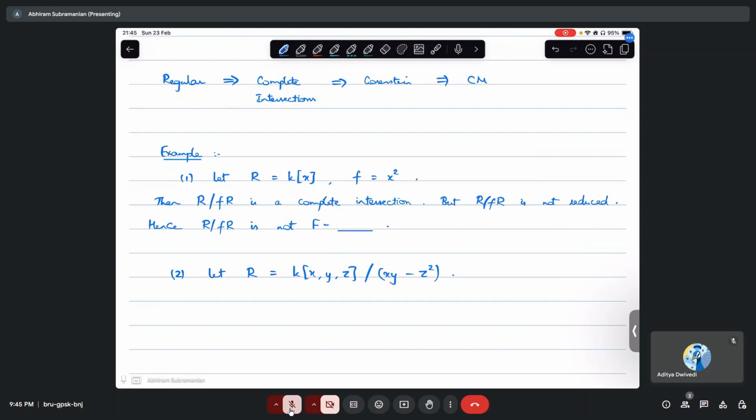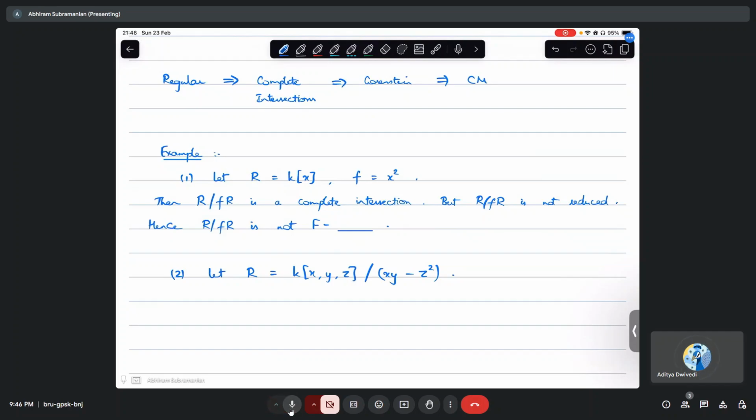How should I convince you that it is strongly irregular but not regular? Of course, not regular is easy to see. We want to show that this is strongly irregular.